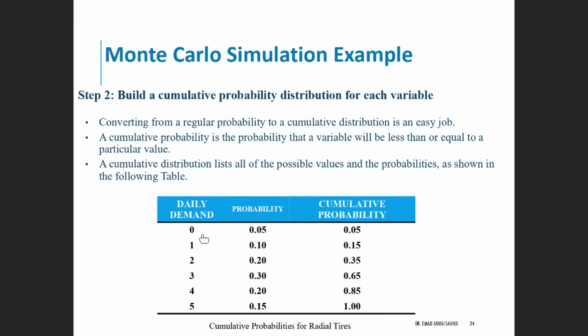A demand for 1 tire will be equal to the probability of 1 tire plus 0 tires. So 0.1 plus 0.05.